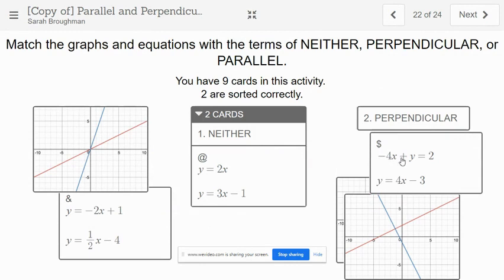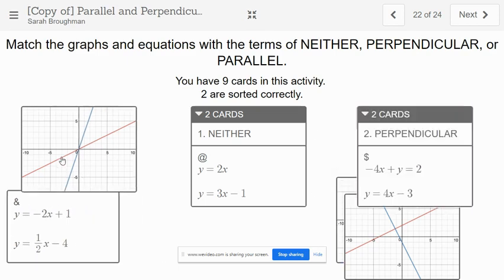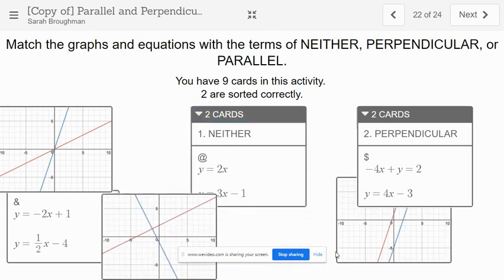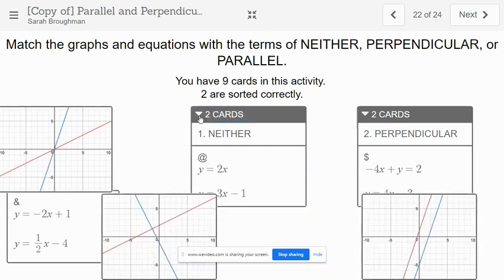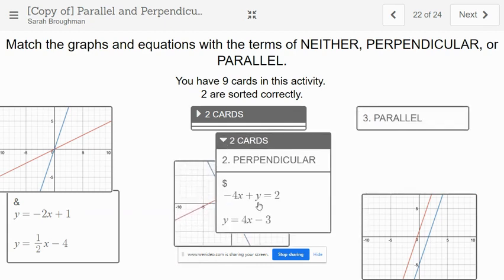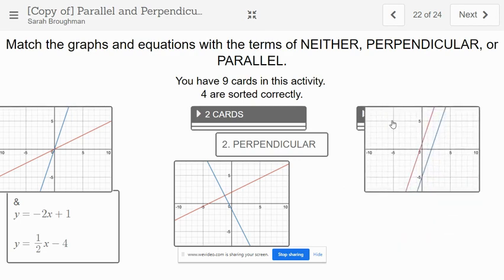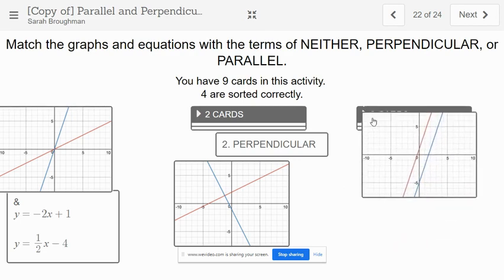So this one, if I get y by itself, it's going to give me a positive 4x over there. So I know that that is going to be parallel. Where my parallel sign is. There you go. And then this one's parallel. Those will never cross or touch.